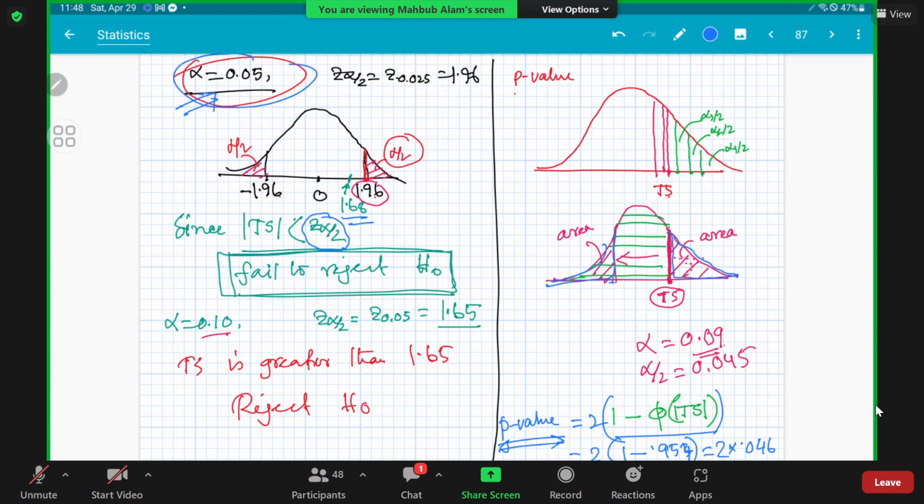If the true value of the parameter is 10, for example, instead of 8, then you are accepting a false null hypothesis and you are committing a type 2 error. Beta calculates the probability of such an error.